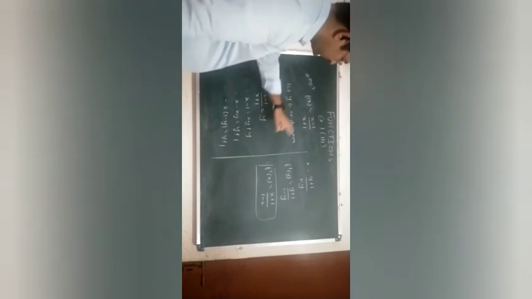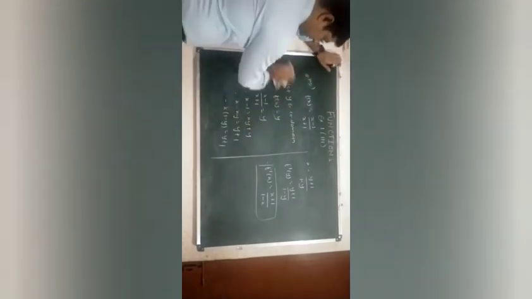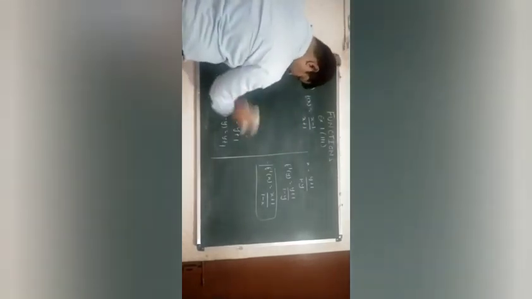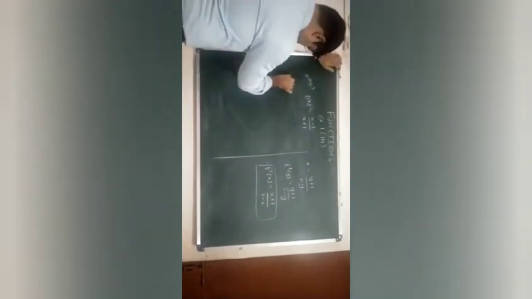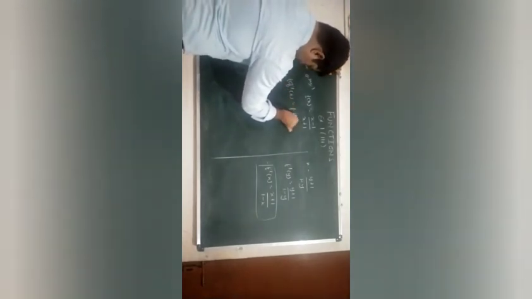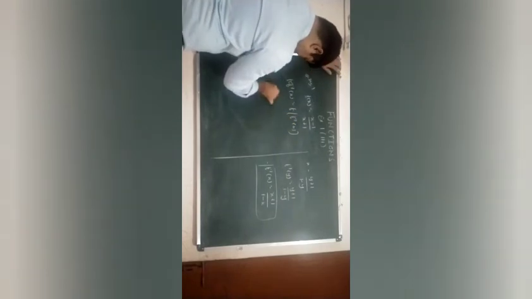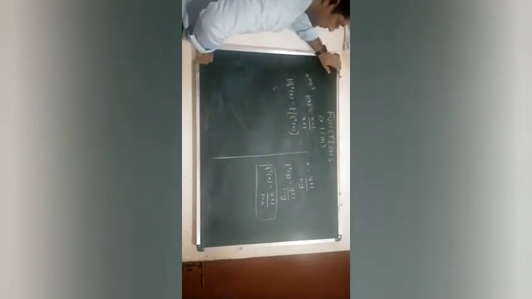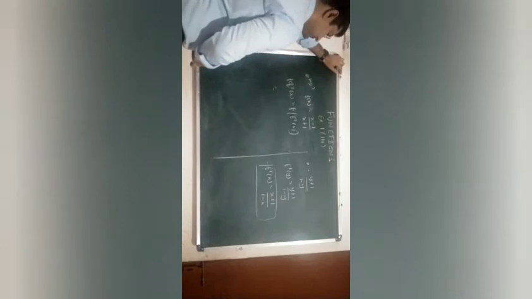Okay, now we got f inverse. Now let us check whether f of f inverse is identity. So f of f inverse of x is equal to f of f inverse x.